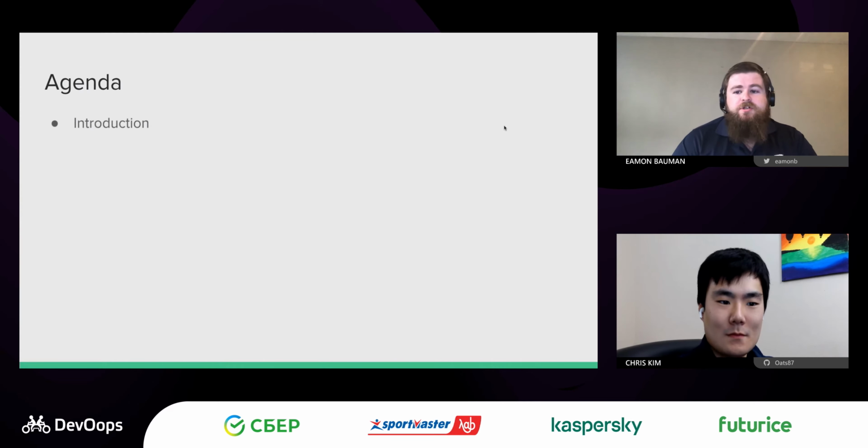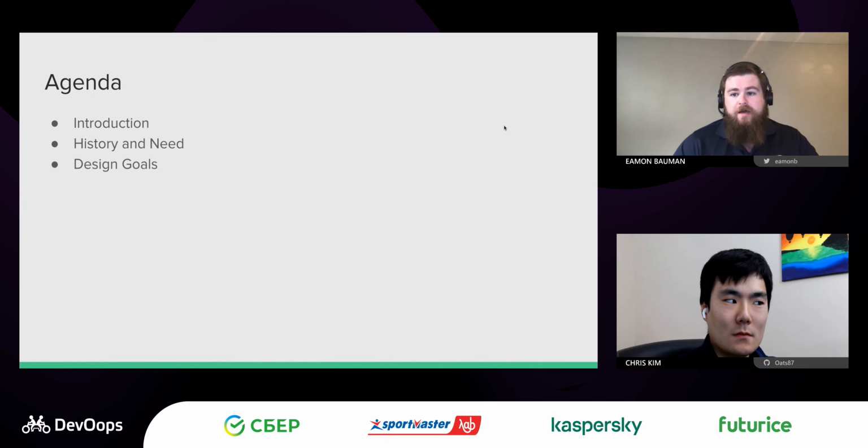We'll start with an introduction to what HobbyFarm is. We'll talk about the history of why we felt we needed to develop something like HobbyFarm, the needs that it captures for our organization. We'll move on then to discussing the design goals of the application. We have various needs that we need to meet for HobbyFarm, and we'll go through those in depth.